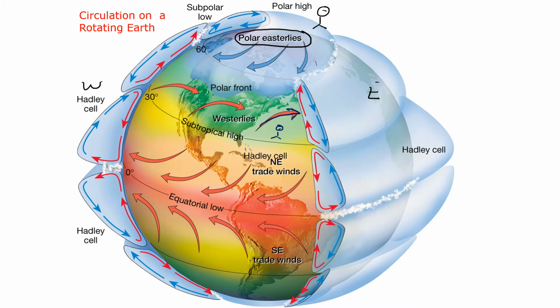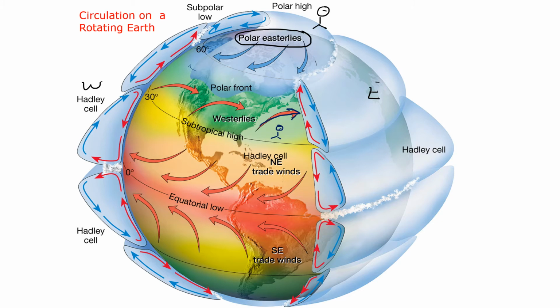By the way, that's that polar front zone. That's a very stormy region. But you put those two together, that's counterclockwise motion. So the polar easterlies and the westerlies make up a semi-permanent low pressure system. And it would be a continuous low pressure system, but we have a big old landmass that breaks up the air. So we have one semi-permanent low pressure system in the west, and we have one in the east, and they have names, and we'll get into those later.